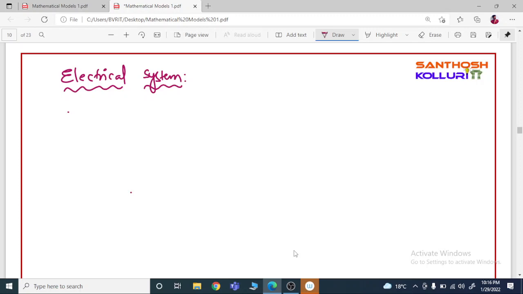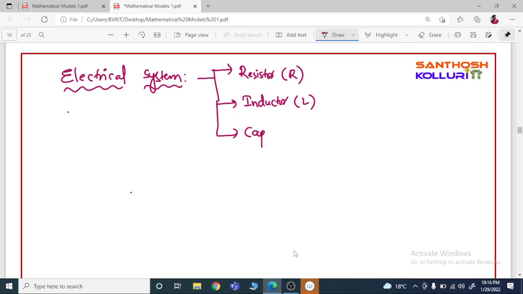So here in the electrical system we are having three parameters: resistor represented with R, inductor represented with L, and capacitor represented with C. Coming to the sources in the electrical system, we are having two types of inputs. First one is voltage source and second one is current source.